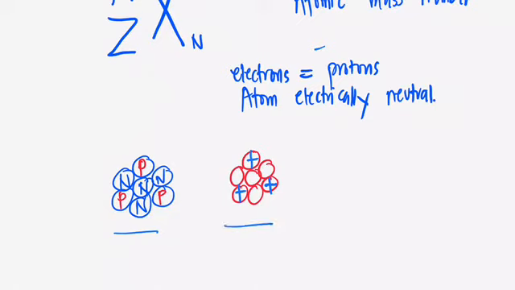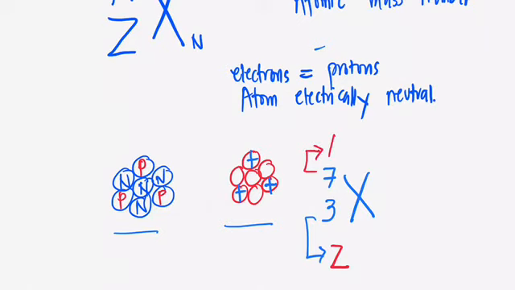So we designate it as 7 3 X, where the subscript is Z, the number of protons, and the superscript is the total number of nucleons.